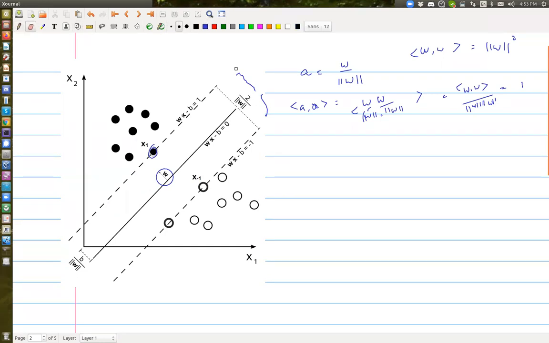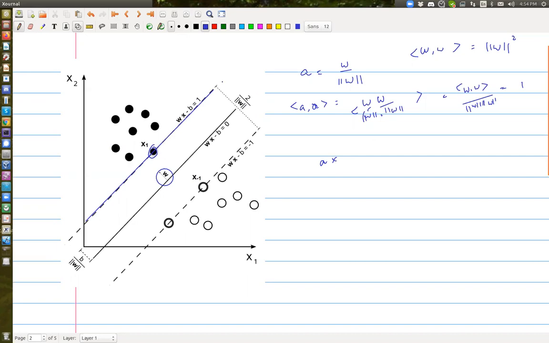I start with AX. I decided what was the best way to approach this. So along this line here, all the AX values are the same.